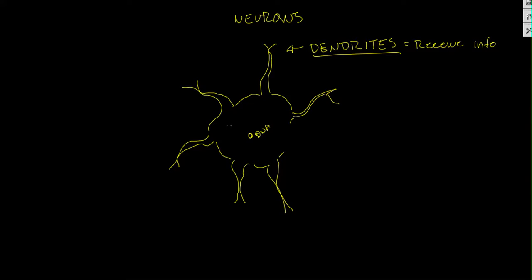And then it's not on our packet, but just so you know, the body of the neuron is called the soma, which is body.